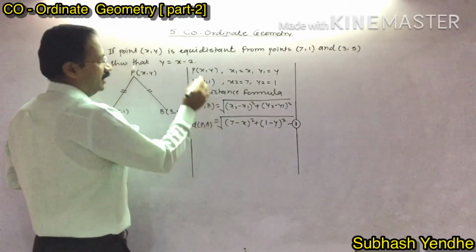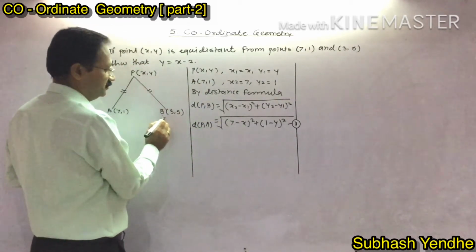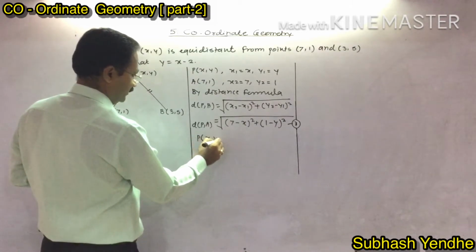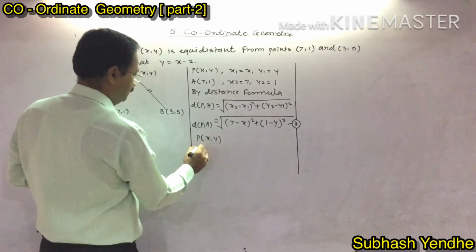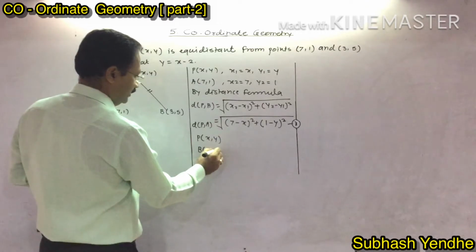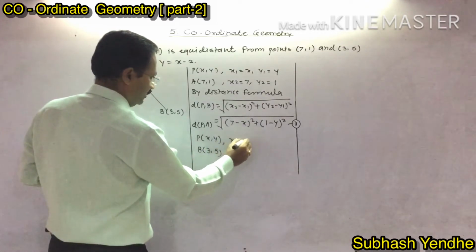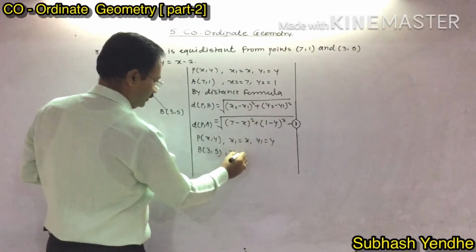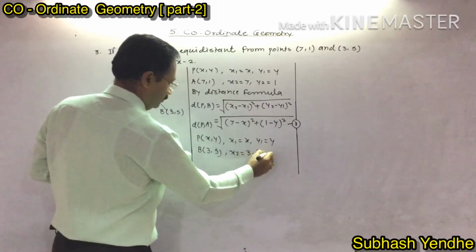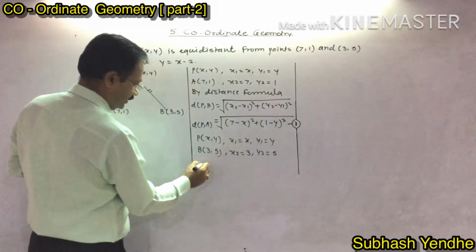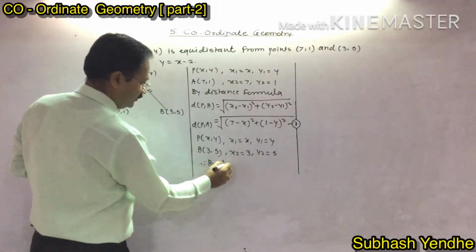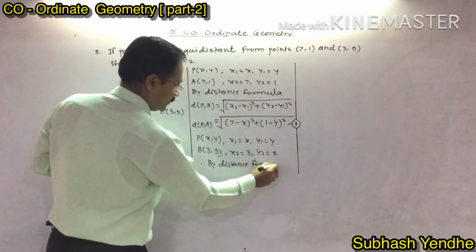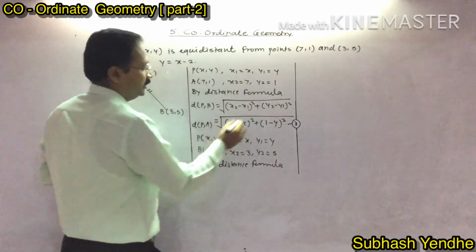Okay. Now I am going to find out the distance PB. So here P's coordinates are x and y, and B's coordinates are 3 and 5. x1 equals x, y1 equals y, x2 equals 3, y2 equals 5. Therefore, by distance formula, what do you get?